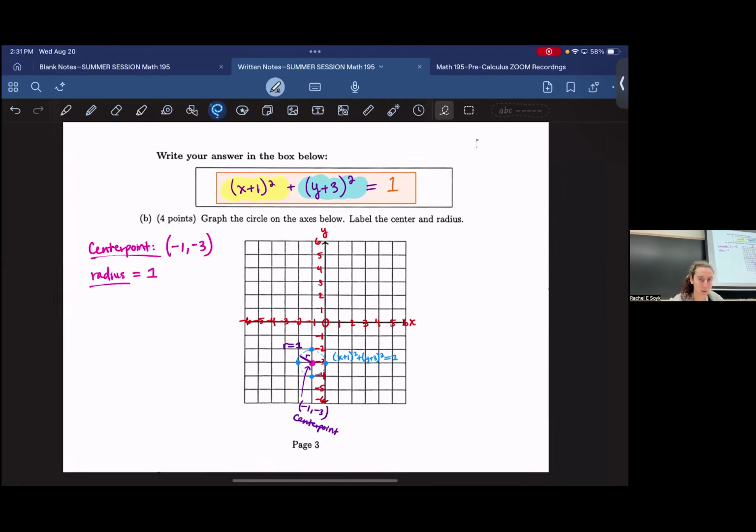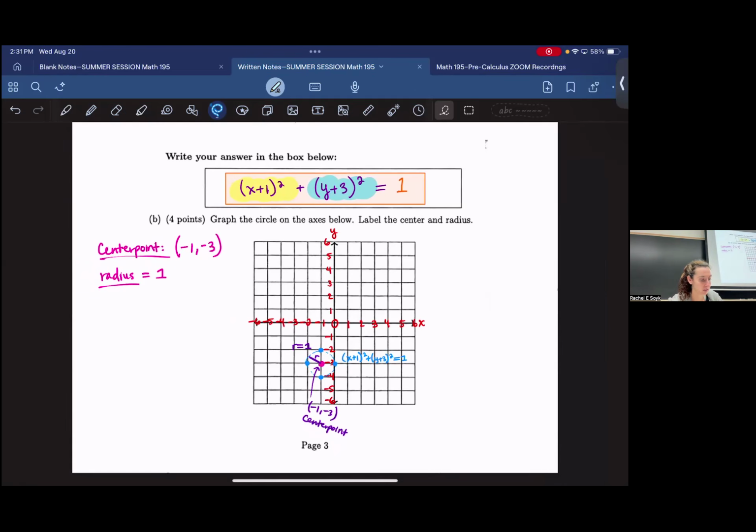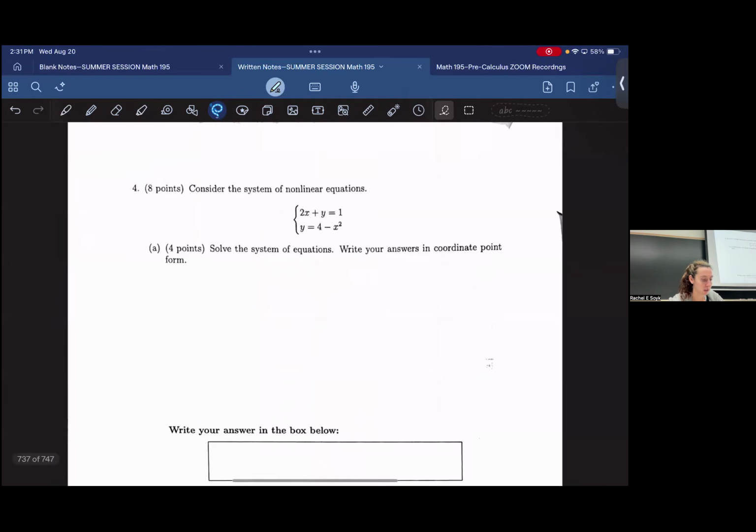I'm going to go ahead and move on to page 4, which is dealing with a system of nonlinear equations. Lucky for us, they already have it in substitution format, right? We have that y isolated on the bottom. So wherever we see a y in that top equation, we're just going to substitute in 4 minus x squared.